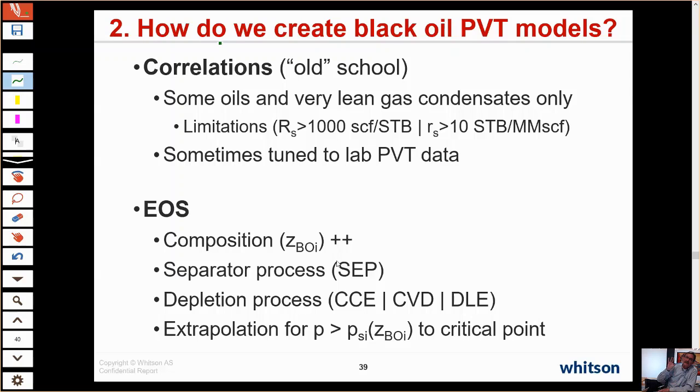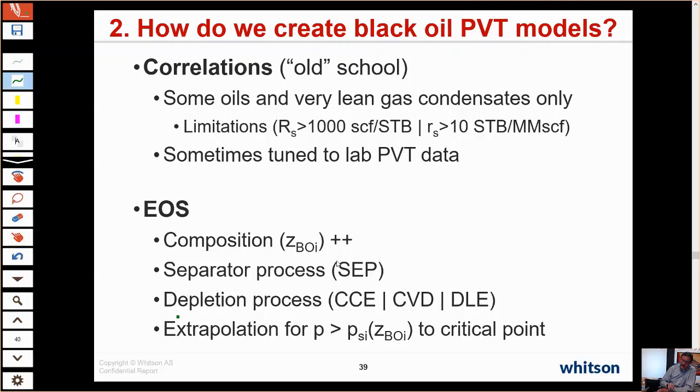Now it is used in things like Prosper, where they use black oil properties for doing pipe flow calculations more often than not. It's not used much to create black oil tables for reservoir simulation. I don't think we've seen in the last 25 years a single black oil table created by black oil correlations. Instead we use the equation of state, and just to repeat what Matthias has told, you need an equation of state, you need a composition, or a bunch of compositions actually, and a separator process.